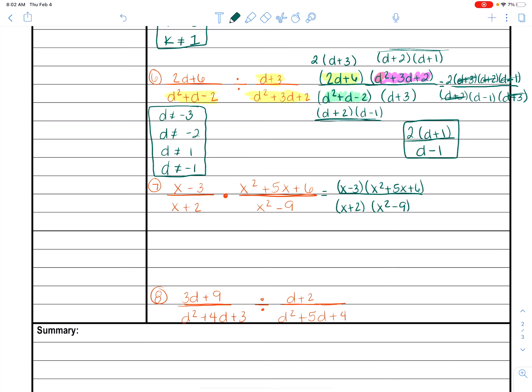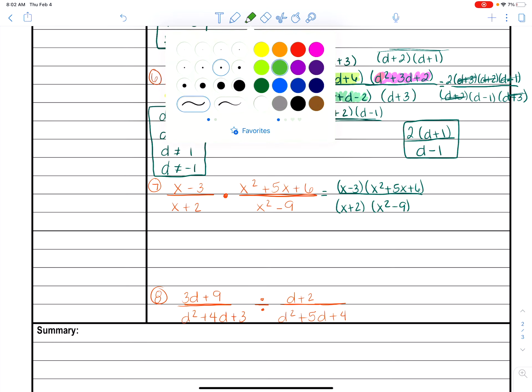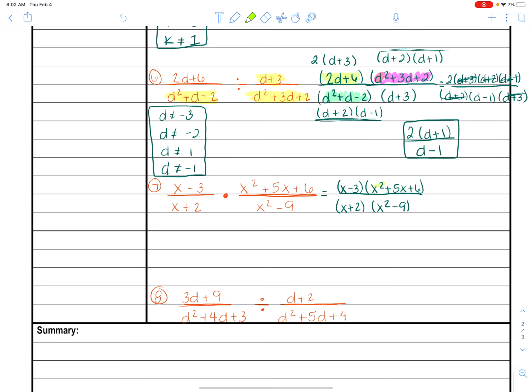Okay, we can factor x squared plus 5x plus 6. That factors into x plus 6 and x plus... No, that's wrong. X plus 2 and x plus 3, sorry. X plus 2 and x plus 3.